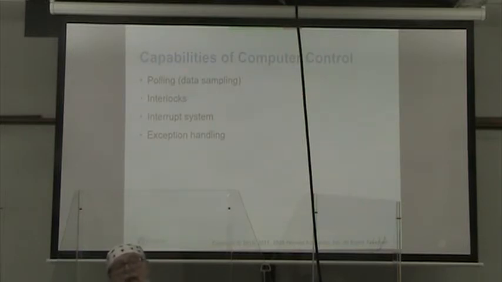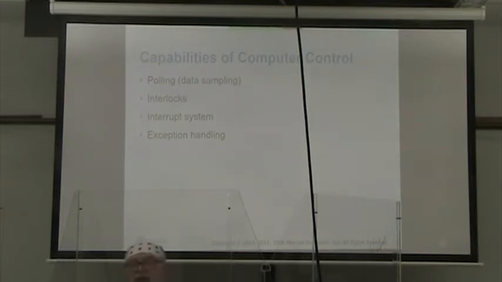So, our computer controls are capable of polling, in other words, data sampling, interlocks that mean that you cannot open a certain part of the machine or interrupt a process while the control is on, an interrupt system to stop the system, and exception handling.